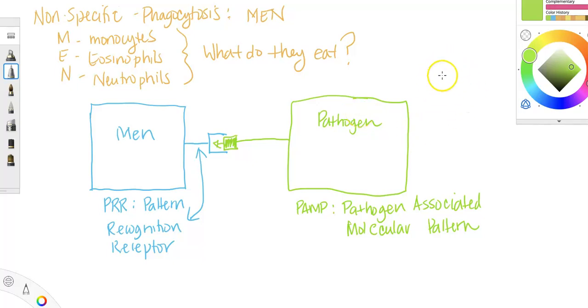Okay. So not all pathogens have PAMPs or have a PAMP. But if it does have it, then the men will eat it.